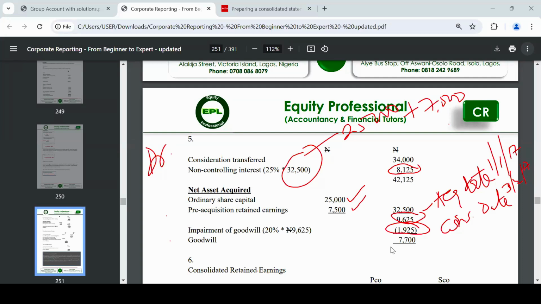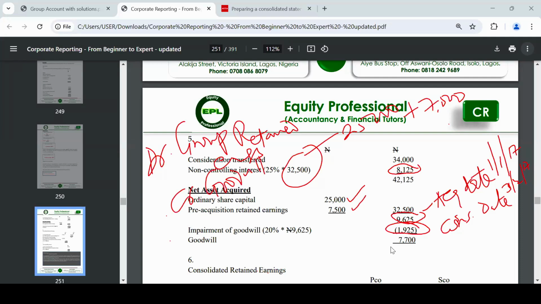It is retained earnings. So the group retained earnings will be debited, while I'm going to credit the goodwill on consolidation.